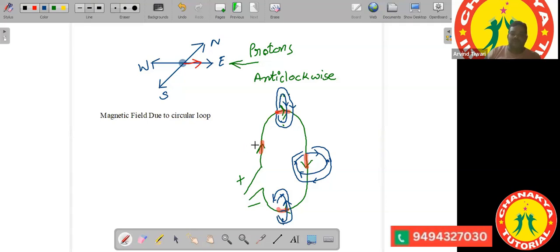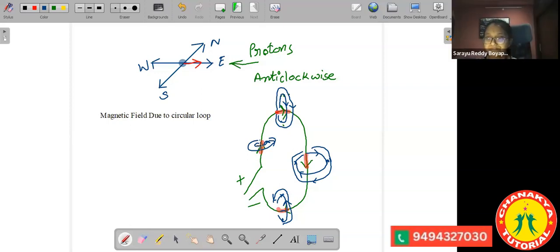Similarly here also. So we observe the magnetic field lines are like this. So first of all, tell me, has everyone understood the direction of magnetic field lines at all these points? Yes, sir.